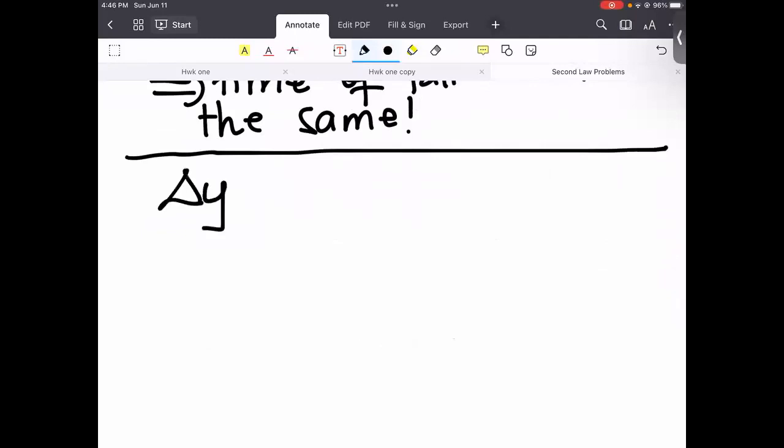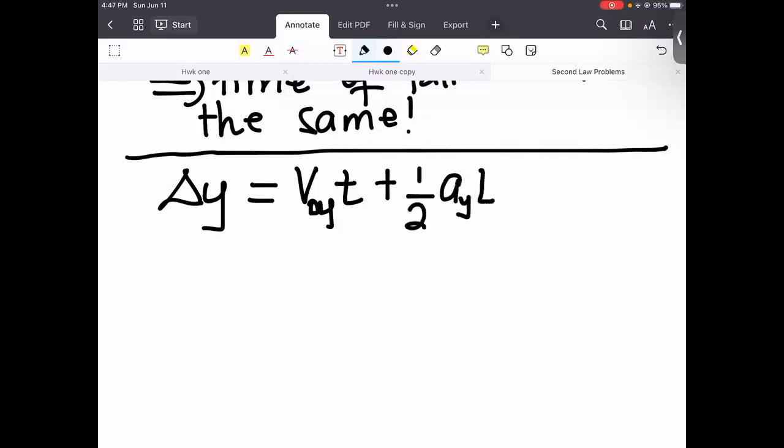The distance traveled by a falling object, change in y, can be given as initial velocity in the y direction times the time, plus 1/2 acceleration in the y direction times time squared. That's the equation that we have seen before.